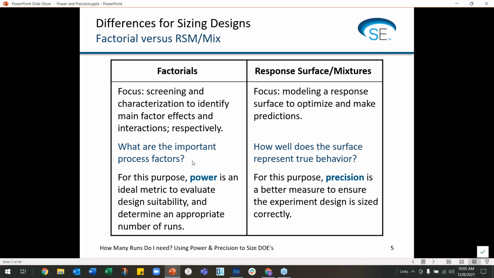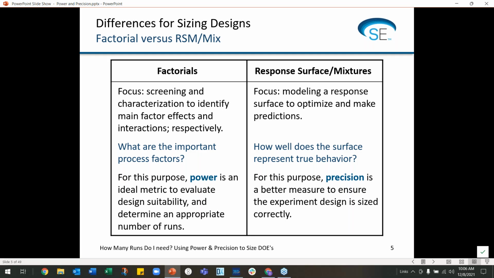For this purpose, the idea of power is a great statistical tool to help us evaluate how well the design is going to work for us, and especially to determine the appropriate number of runs. Now, when we move over to the response surface and mixture designs, our focus changes.